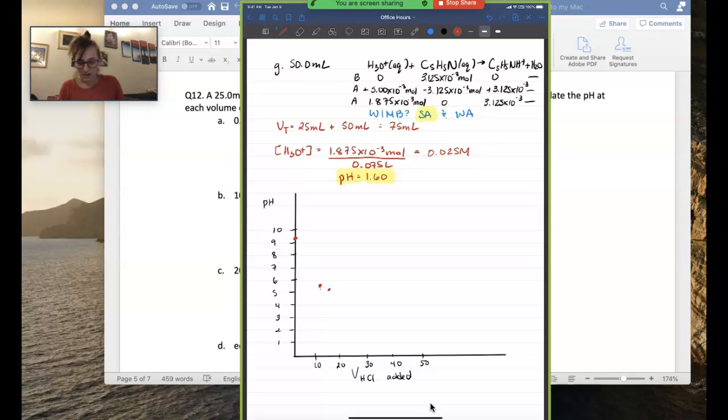And then at 20 milliliters, we get 4.98. And at the equivalence point, which is about 31.25 milliliters, we get a pH of 3.24. And then at 40 milliliters, we drop down to 1.87. And then at 50 milliliters, we got 1.6.